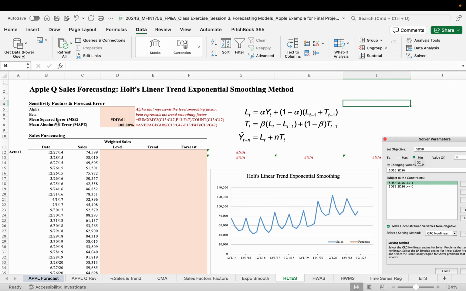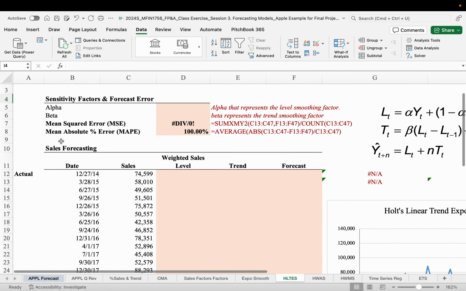Again, here we will use the mean squared error and the mean absolute percentage error to set the objective. For the objective, alpha and beta, we minimize the mean squared error and the mean absolute error, right?